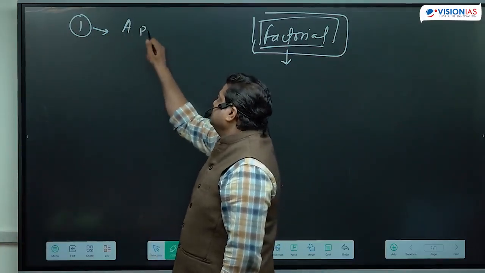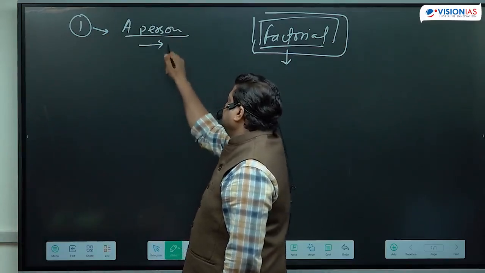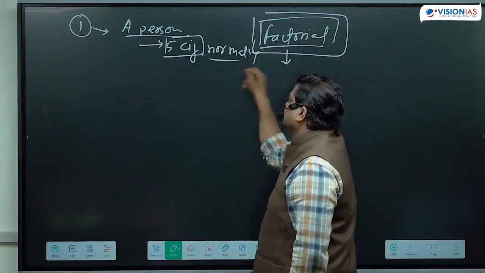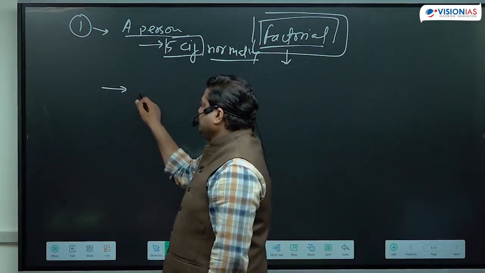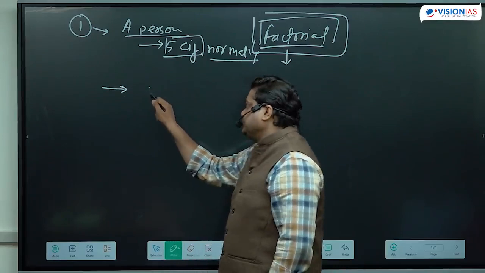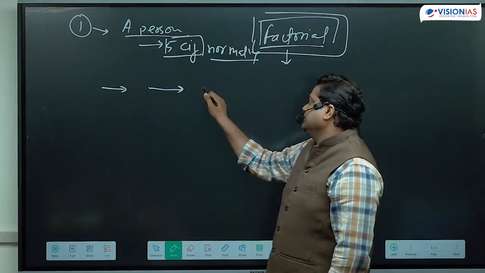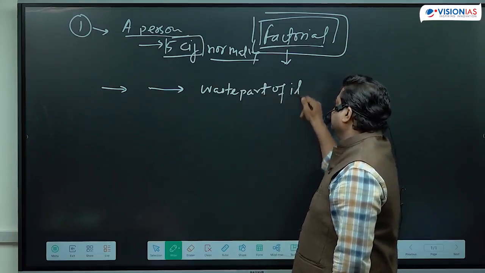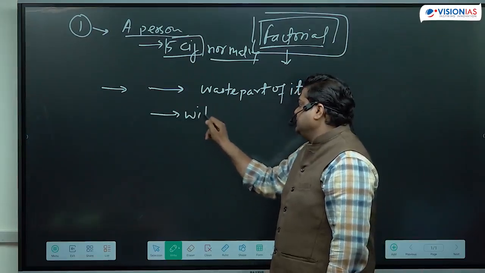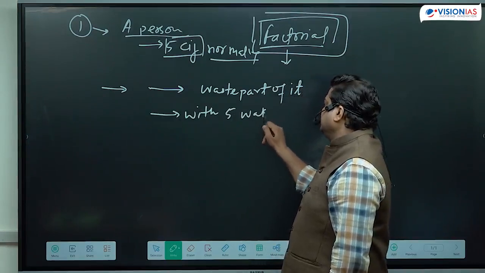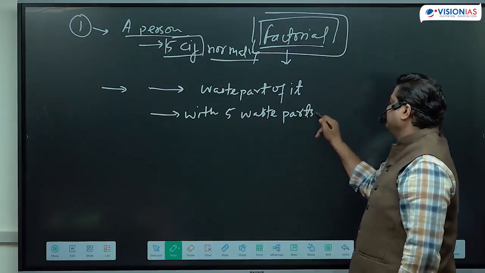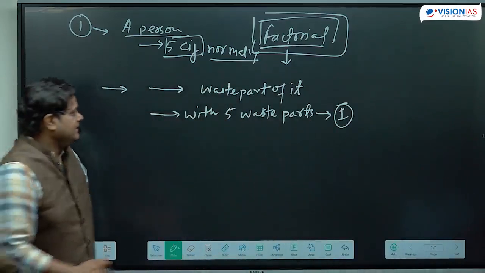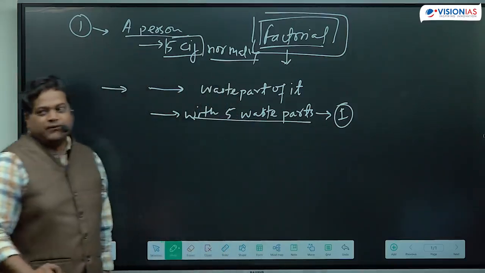A person is smoking 5 cigarettes a day normally, and after smoking each cigarette, he is saving some waste part of it, and with the help of 5 of these waste parts, he can make one new cigarette. उसके पास एक machine है, with the 5 waste parts he can make one new cigarette.